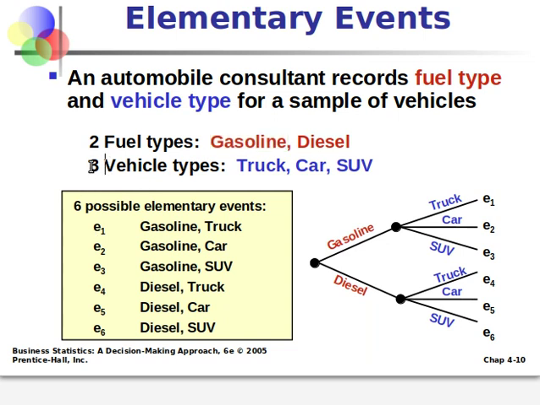Now another item on the record is the vehicle type, of which there are three: truck, car, and SUV. SUV, in case you do not know, stands for Sports Utility Vehicle.